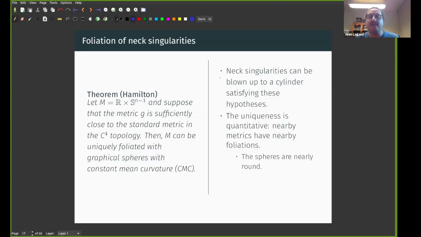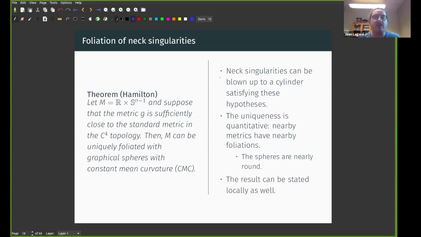And this uniqueness is quantitative. Nearby metrics have nearby foliations, and those spheres are nearly round.